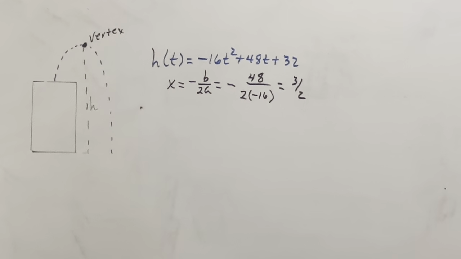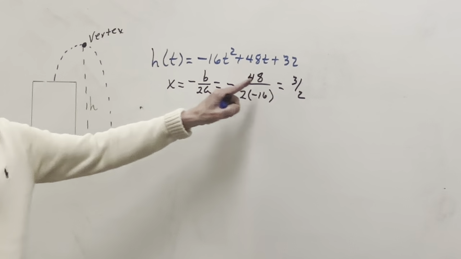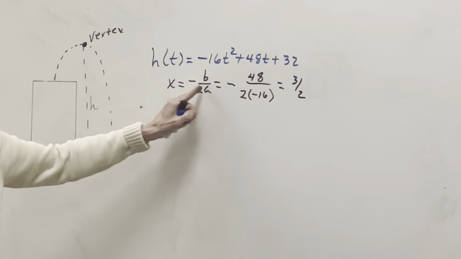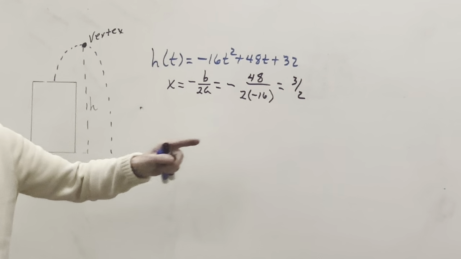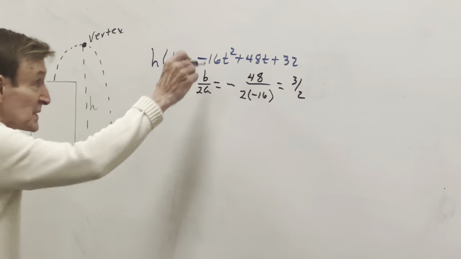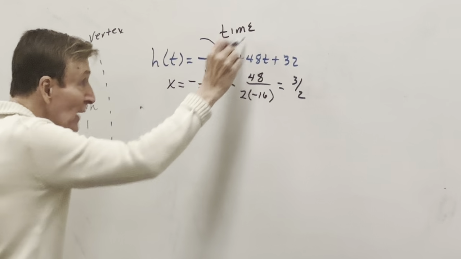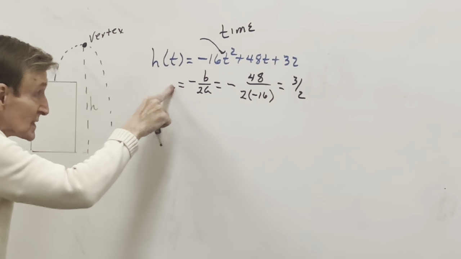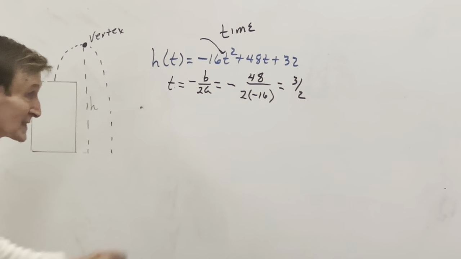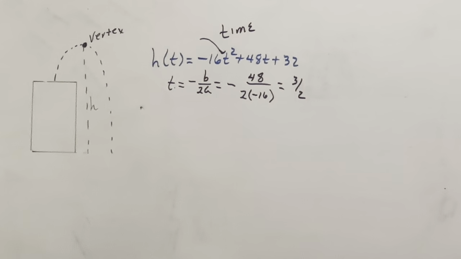Now, make some sense of this problem she read to us. Tell me what it means. This is written in terms of t. Usually it's x, f of x or h of x. Where that t represents what? Time. So what we have actually found, put a t here rather than x, is the time it takes for it to reach that maximum height after it's released and thrown into the air.